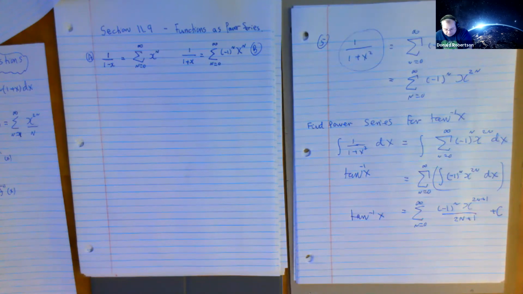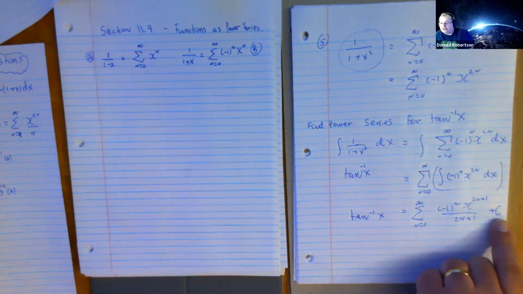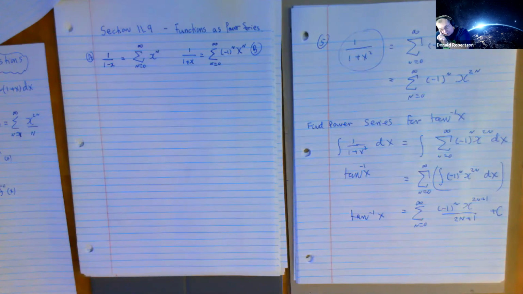Okay. Now, I need to know what c is. And sometimes you're going to get the answer and find out c is really weird, like the inverse tan of 1. I think there's going to be a log question where the plus c ends up being the log of 4. Whatever it is, you just tag it on at the end and call it good. But I need to know how to find c.